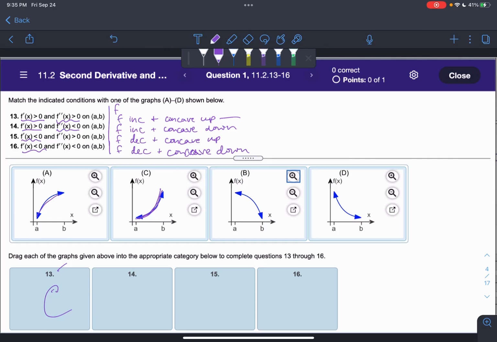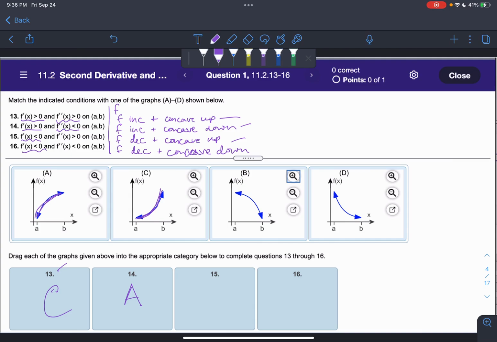For 14, we want an increasing function that's concave down, which we kind of hinted at. We're increasing here and then it's concave down, right? It's like an upside down bowl, I suppose. So this one is A. For 15, we want a function that's decreasing and concave up. 16 is decreasing but concave down.